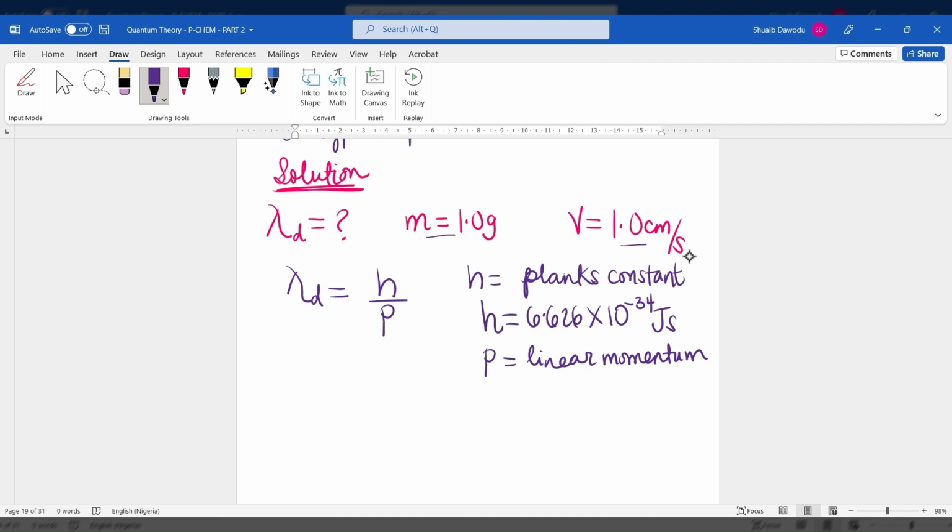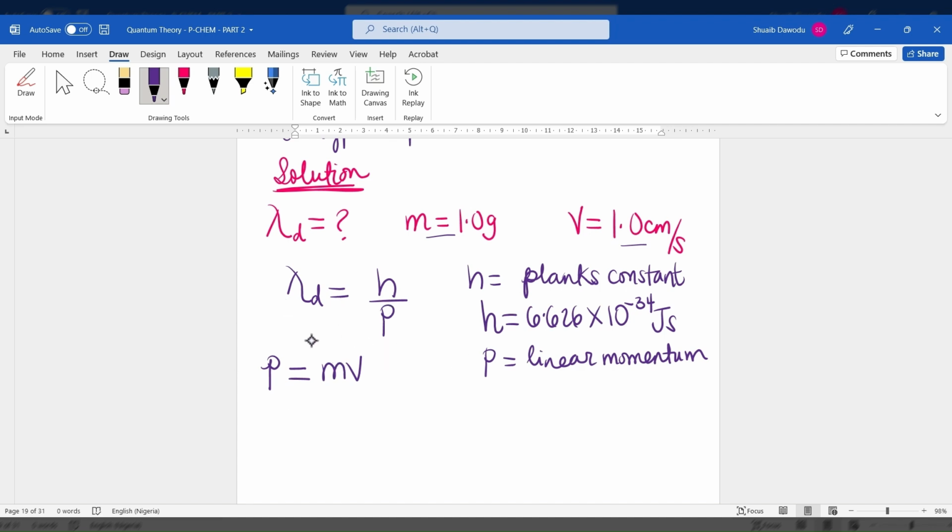If you remember in physics, whether it's high school physics or general physics in the university, especially if you're taking physical chemistry or quantum chemistry, you should have learned this in earlier classes: solving for linear momentum is simply mass times velocity.